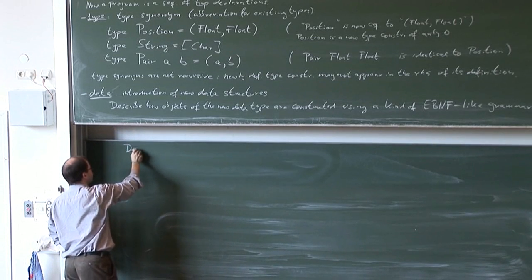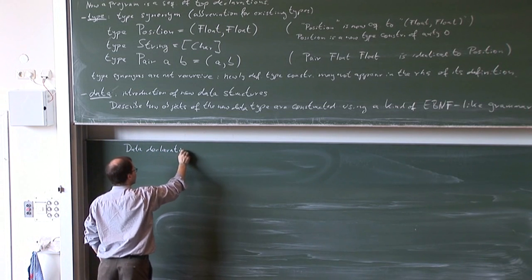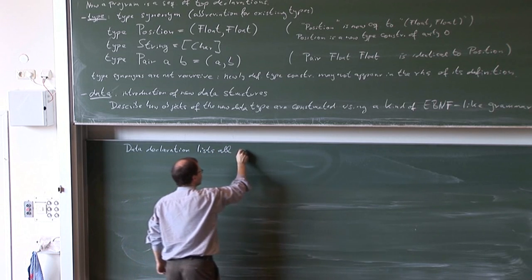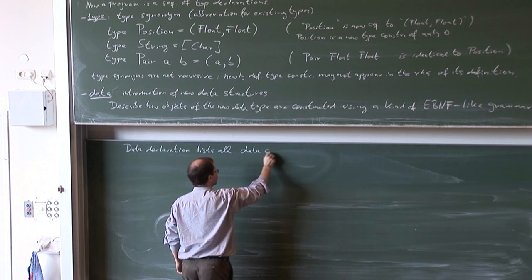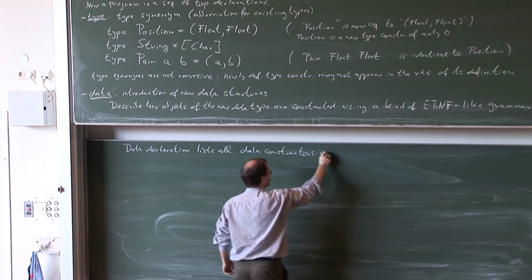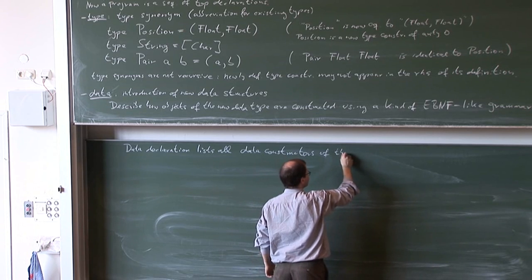So the data declaration simply lists all data constructors of the respective data type, and they are separated by vertical bars.